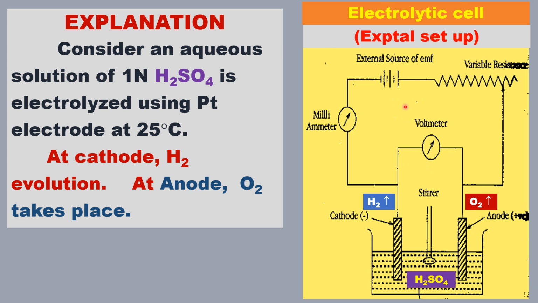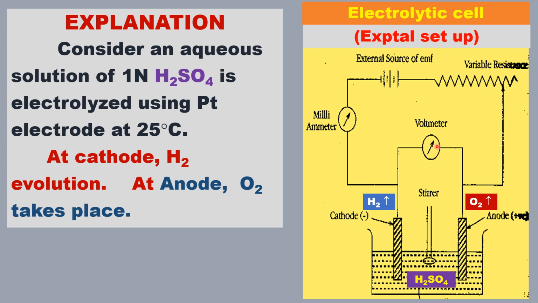In this setup, an external source of EMF, a battery, is used to apply potential to the electrolytic cell, and a variable resistor is used to vary the applied potential.